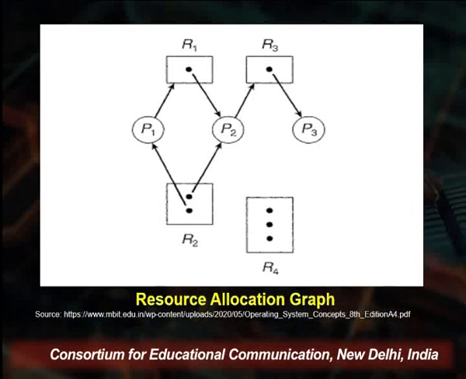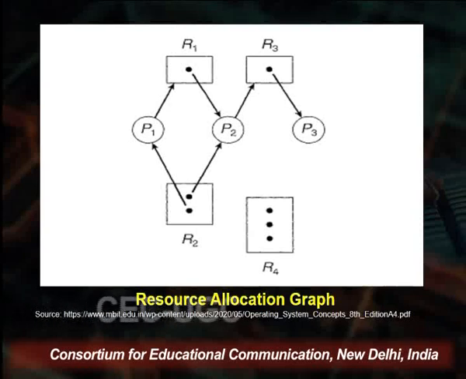In case of R2, within the rectangle representing R2, we have two dots. This signifies that there are two instances of the resource type. In case of R4, we have three dots represented within the rectangle. That means we have three instances of R4.